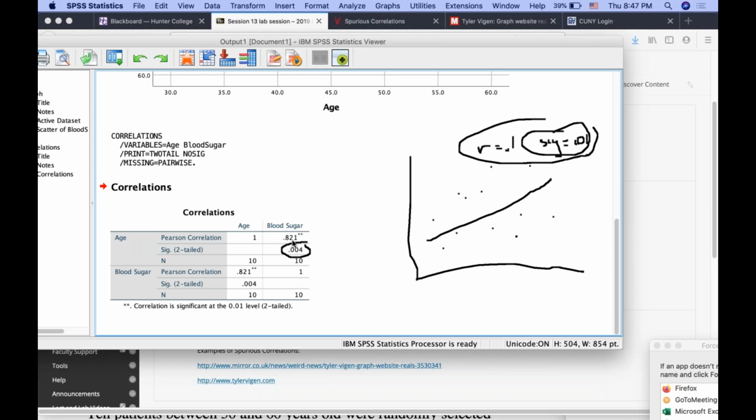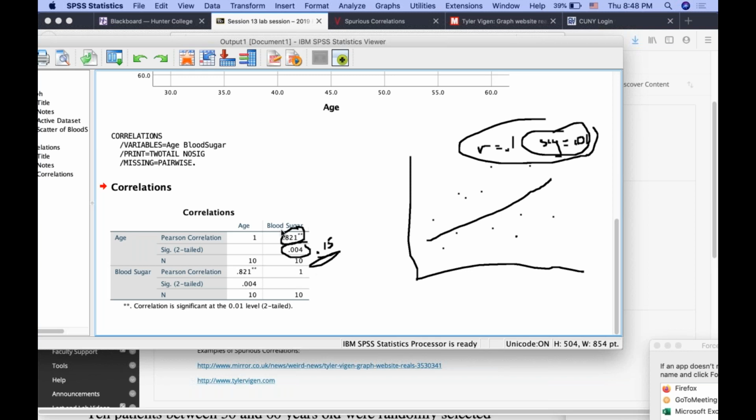If this had been 0.821 and the significance would have been 0.15, even though this appears to be a stronger association, we couldn't reject the null hypothesis because we didn't have enough data to give us a significance that was less than 0.05.